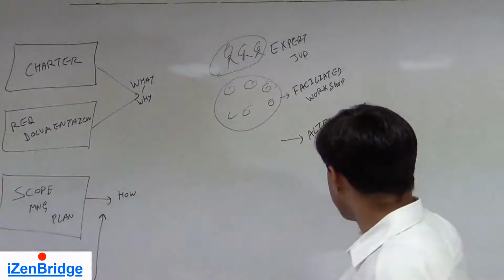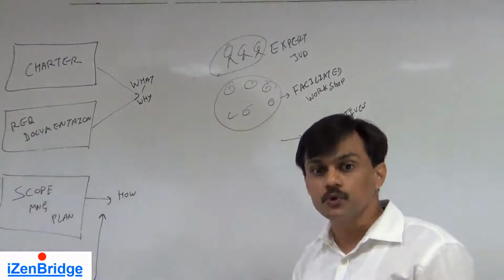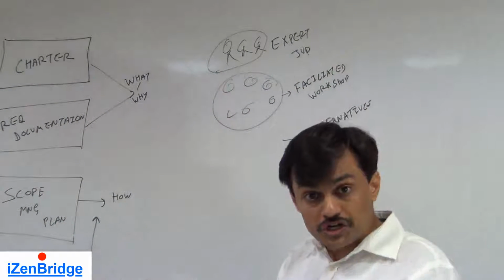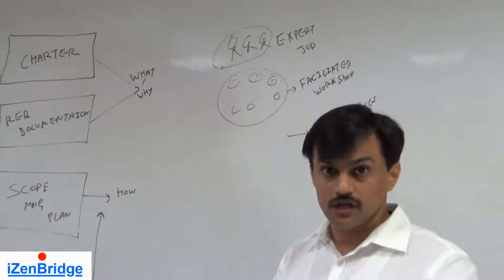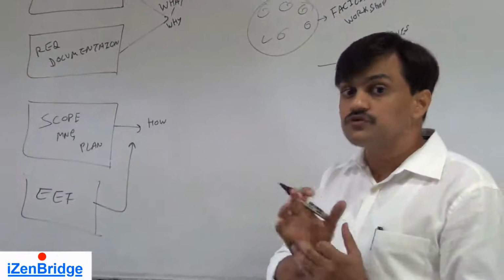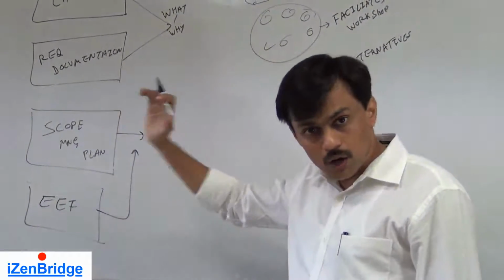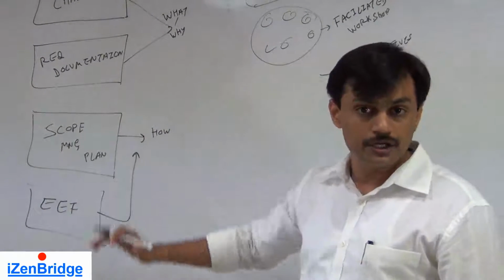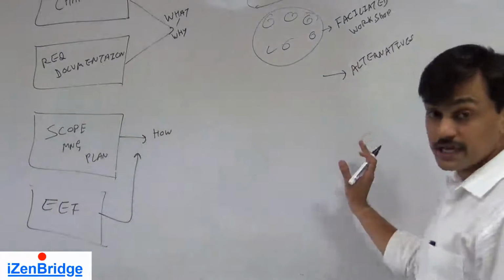You may find various ways of satisfying the same need, so they do alternative generation and alternative prioritization. They generate alternatives and identify which one suits best to meet this particular requirement or need. So alternative generation is also one of the tools and techniques.